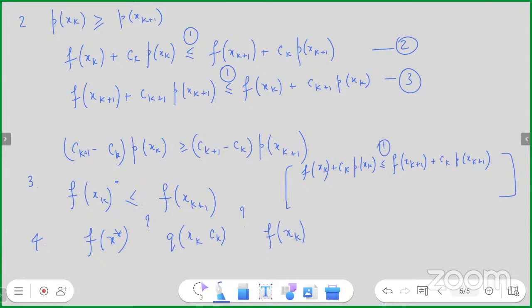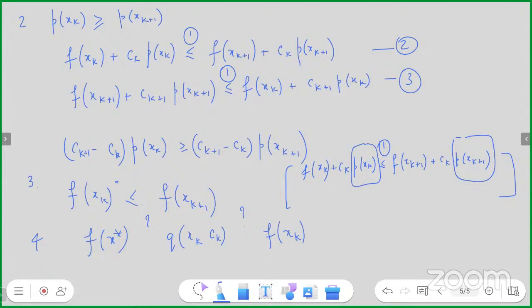Since P is decreasing, this term and this term have a relationship from 2 for a fixed CK.